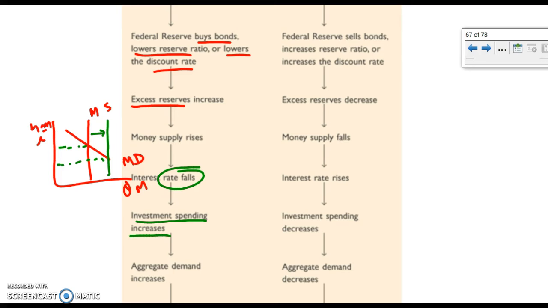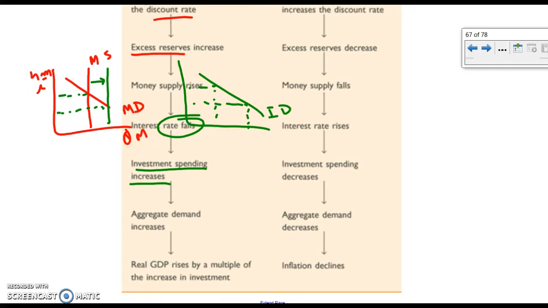And that's because when interest rates fall, think back to our investment demand curve. When interest rates fall, there's a higher quantity of investment demand. And because investment demand increases, aggregate demand increases. So this is key to a Keynesian version of monetary policy, and then real GDP will rise.